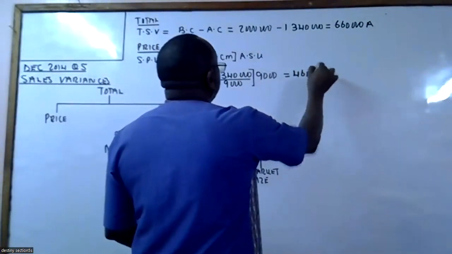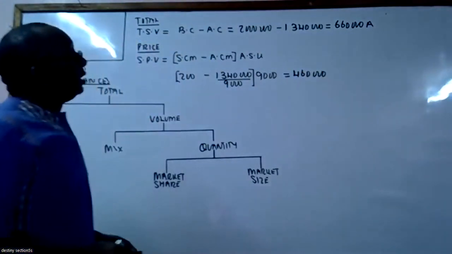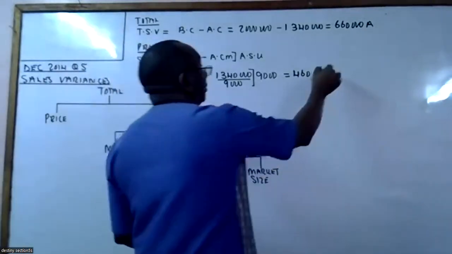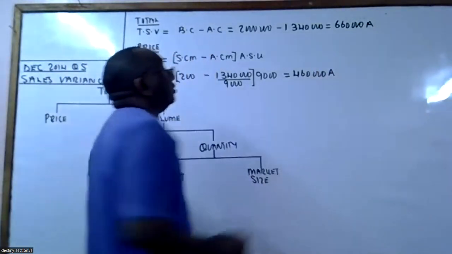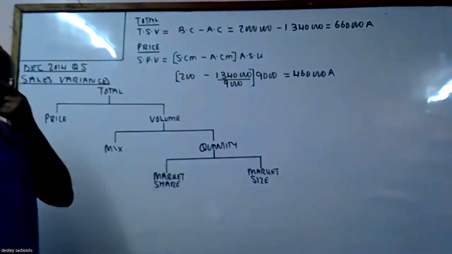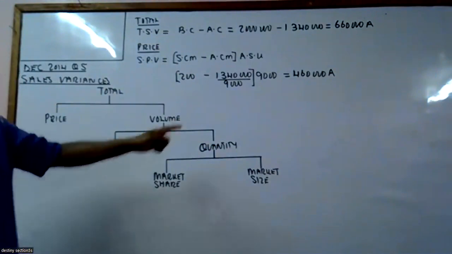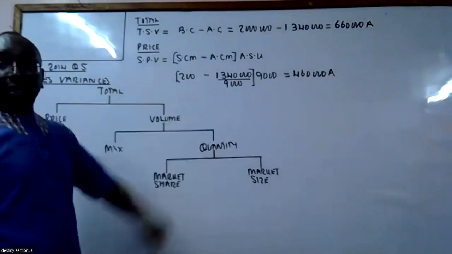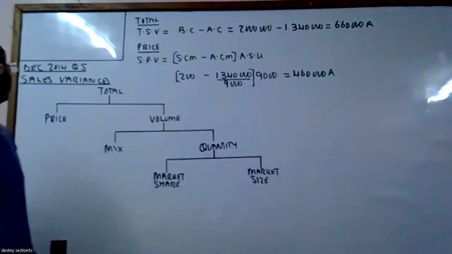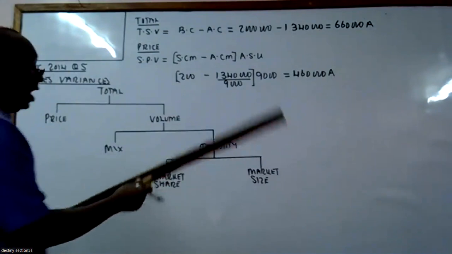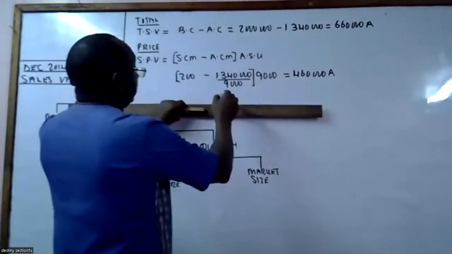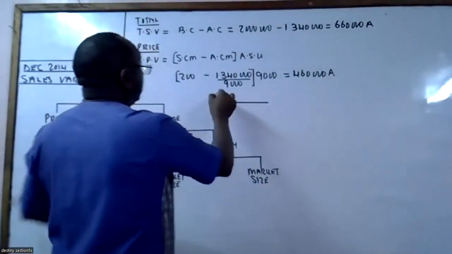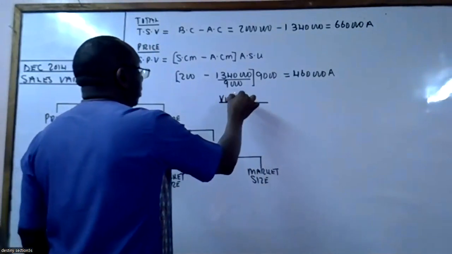Now, these 460,000, it is also adverse. It is adverse because we should have gotten more. We should have gotten 200, but this one was less. Then the other one is called volume.